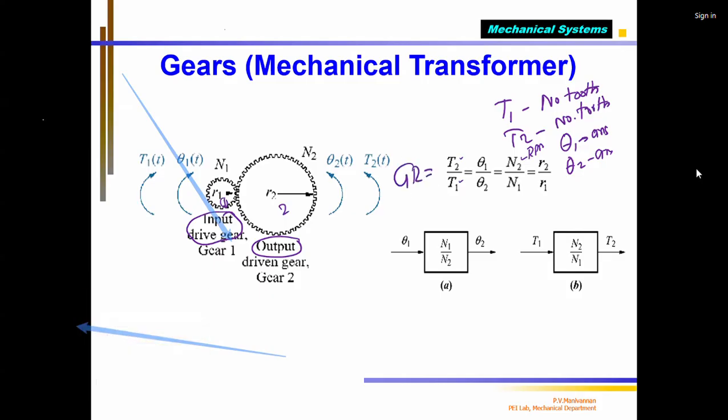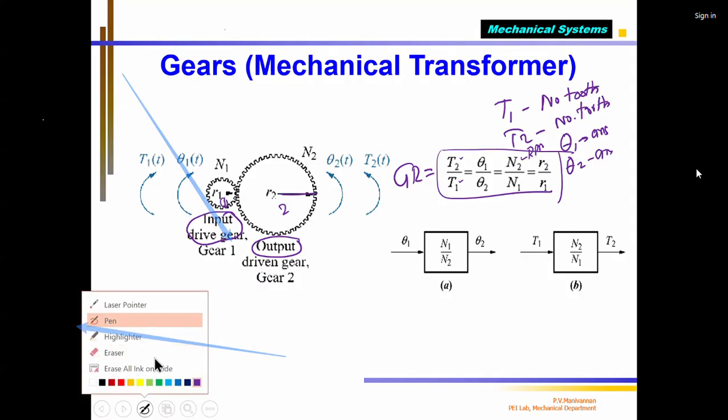Gear ratio can be written in any of these terms: number of teeth in the driven gear divided by the number of teeth in the driving gear, or displacement, where theta is the displacement in degrees of the input gear, or the RPM of the output gear over the input, or the radius of the gear. If you know any of these, you can always find out.